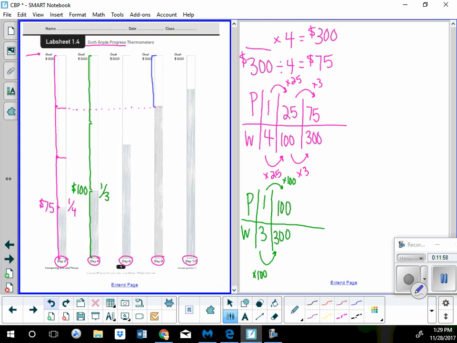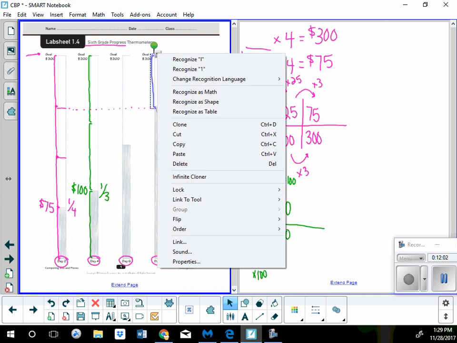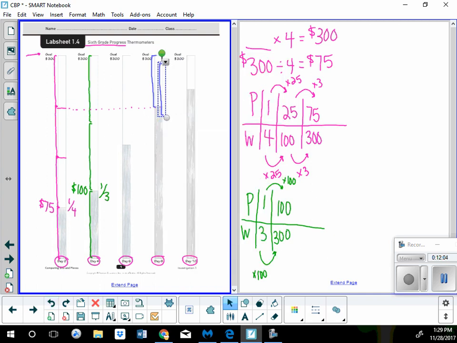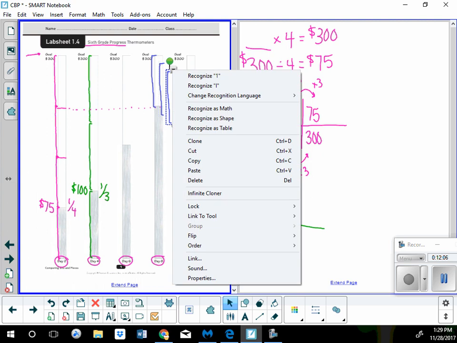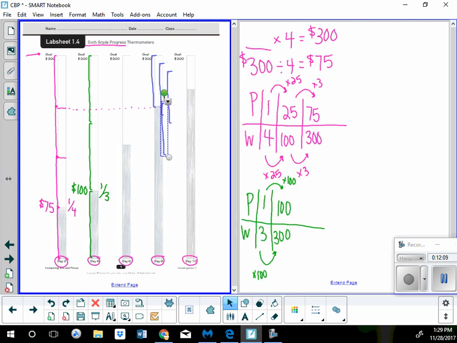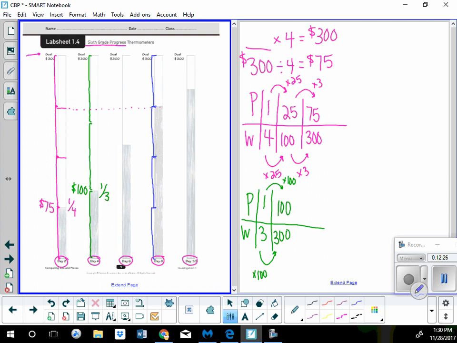So take care of that. Check that out. We have 3/4.